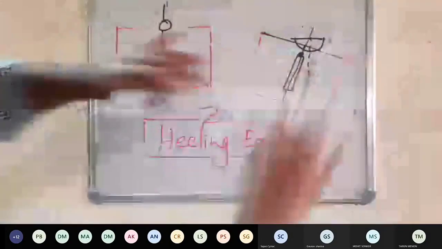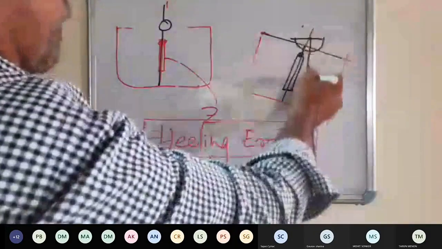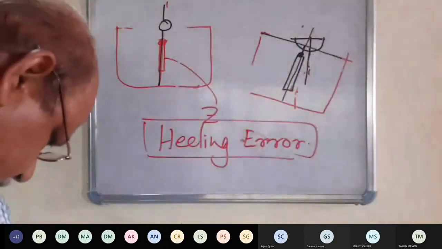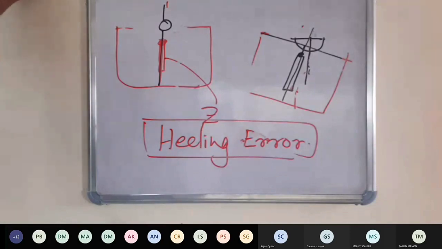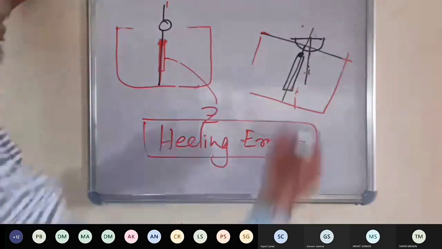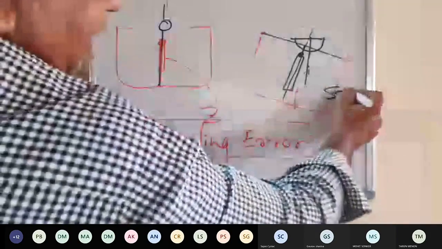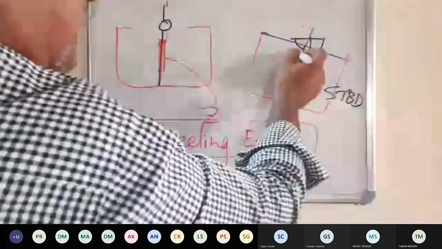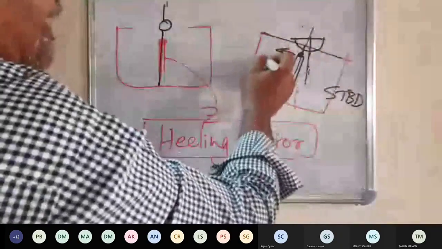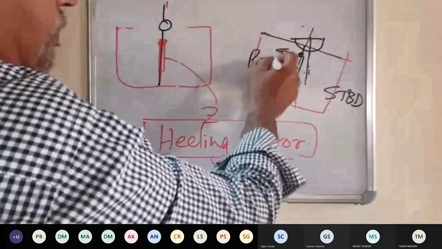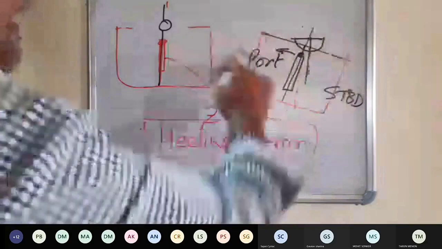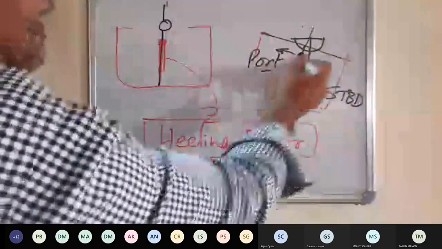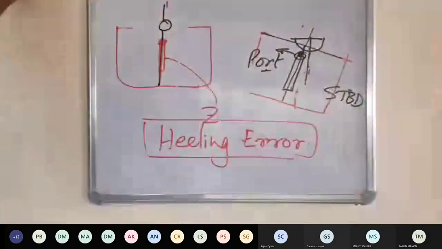Correct? It will shift to the other side. So the compass center has gone here. So when it is starboard heel, the pole goes to the opposite side, port. Similarly, when the ship is heeled to the port side, the rod will go to the other side.